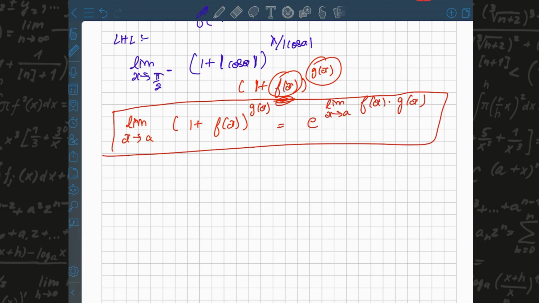Right, so let's solve this. It becomes e power, a big E I'm going to write, limit x tends to pi by 2 minus. What is f of x? f of x is nothing but mod of cos x, into what is g of x? Lambda divided by mod of cos x. So mod cos gets cancelled, and then apply the limit here.